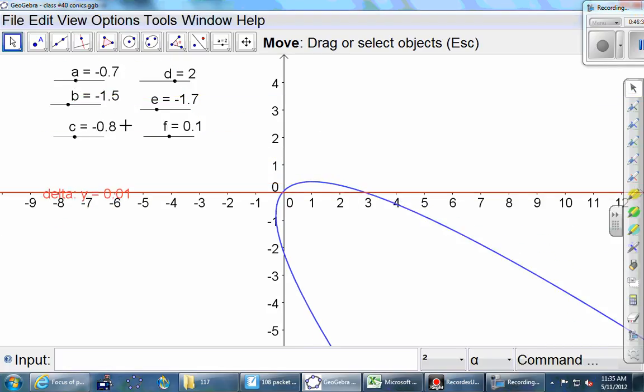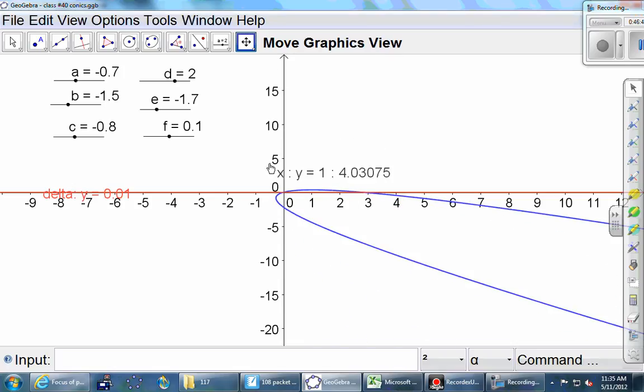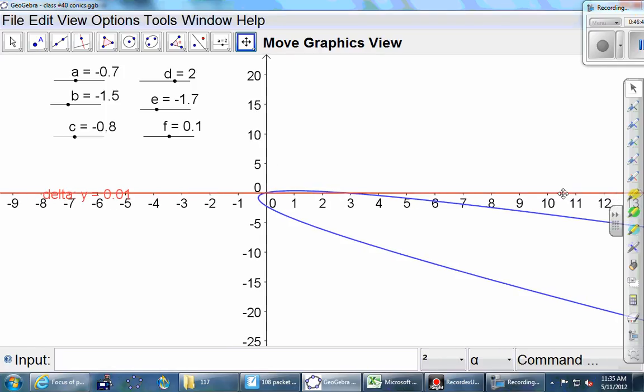There's a parabola that's tilted. Well, it's very close to a parabola. It's off by a tiny bit. I guess being off by a tiny bit means it's technically an ellipse. All right.